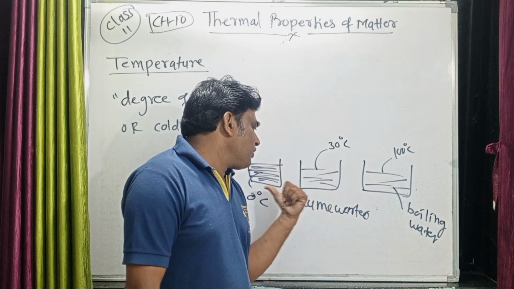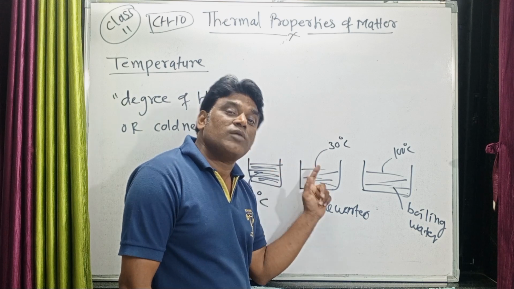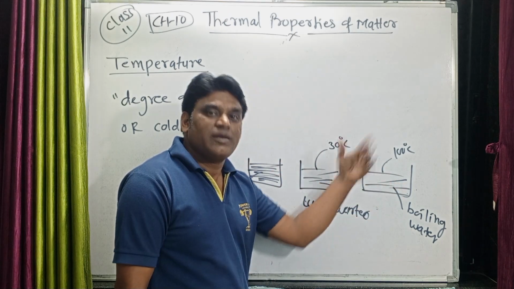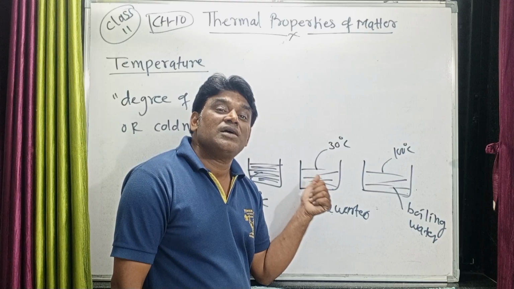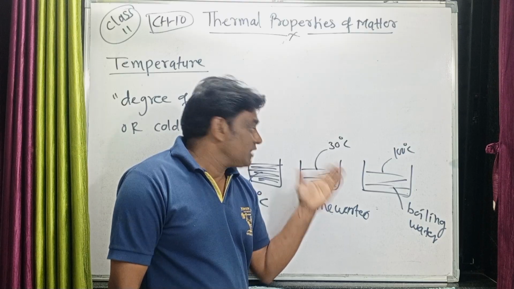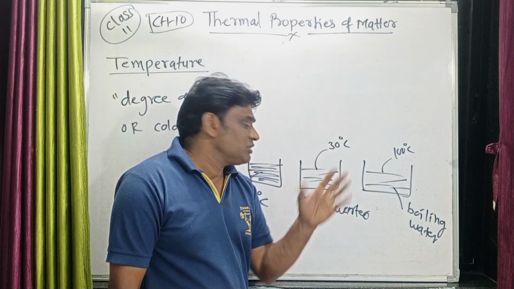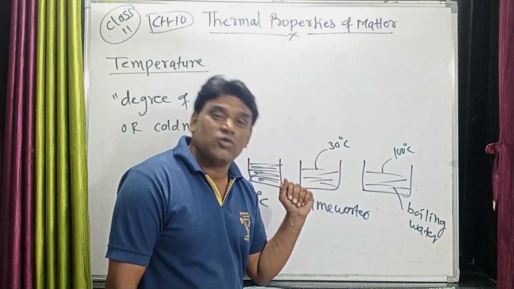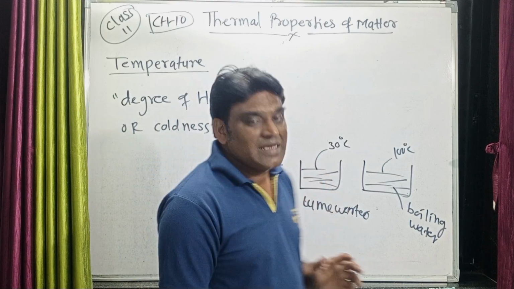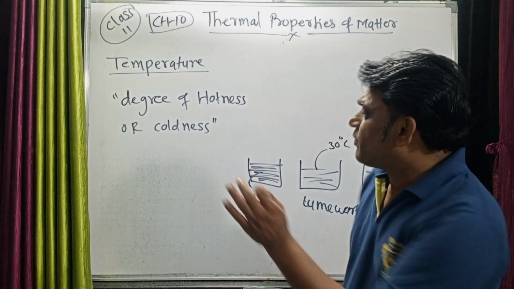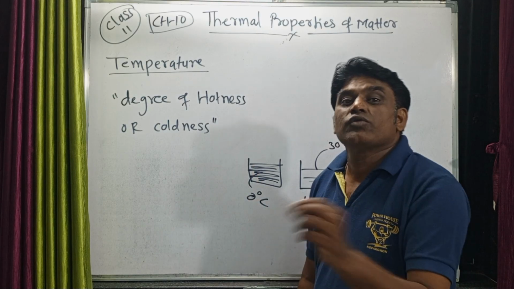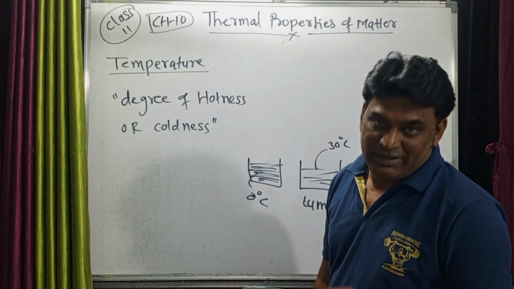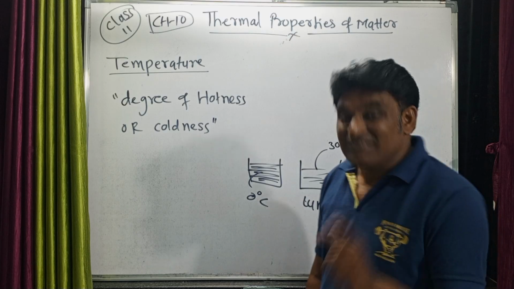Now, compared with this it becomes a hot body, and if you compare with this higher temperature liquid, you say this is cold. The same temperature is there, yet sometimes we say it is hot and sometimes cold. This hotness and coldness depends upon the other liquid with which we are comparing. So comparison is there.